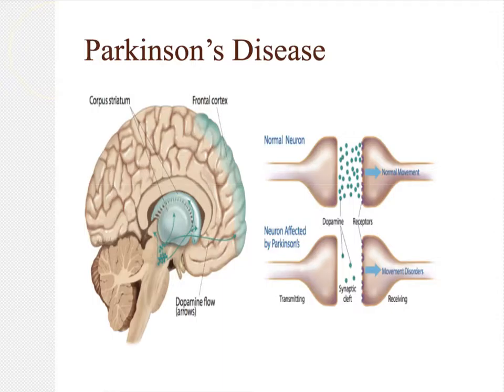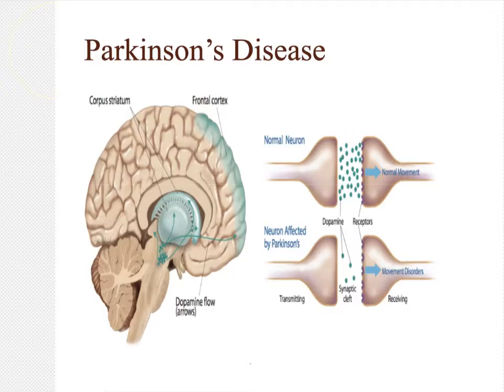Dopamine inhibits the function of these neurons, allowing control over voluntary movement. This system of checks and balances between the acetylcholine and the dopamine allows for refined, coordinated movement, such as picking up a pencil and writing.